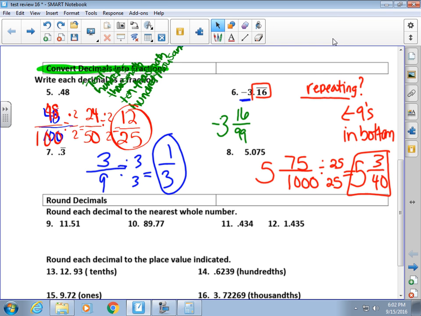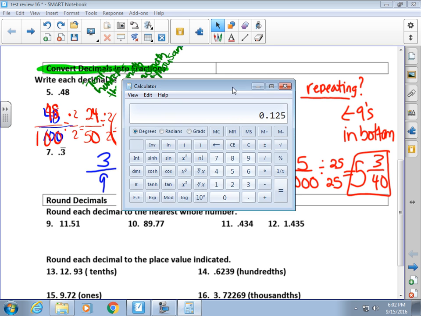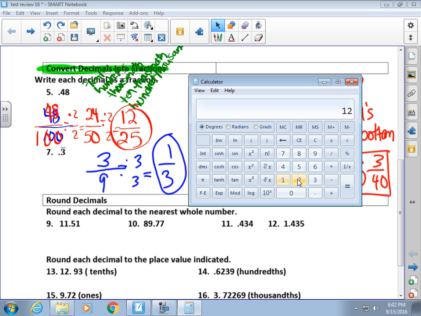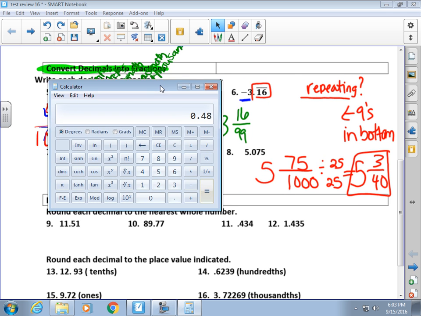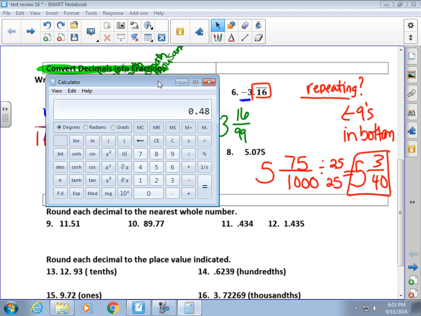If you are unsure, you can always take your calculator and check your work. 12 divided by 25 is .48. That one's right. 16 divided by 99 is 0.1616, that's repeating.